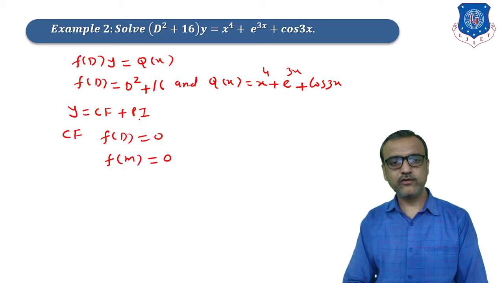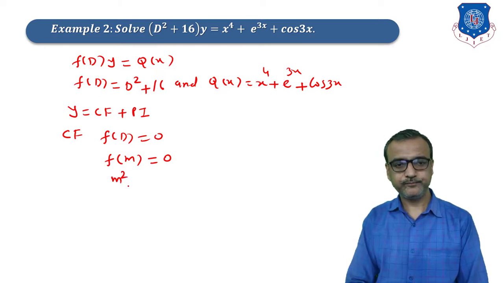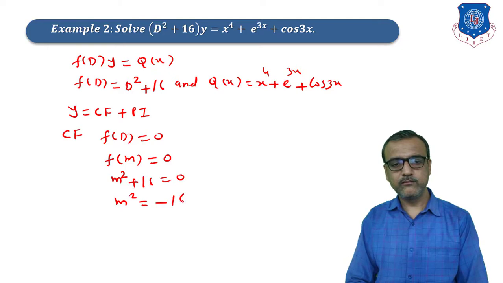Now in f(D) = D^2 + 16 we will replace D by m. So we have m^2 + 16 = 0, so m^2 = -16. So m^2 = 16 into -1, and -1 is nothing but i^2. So we have m = ±4i.